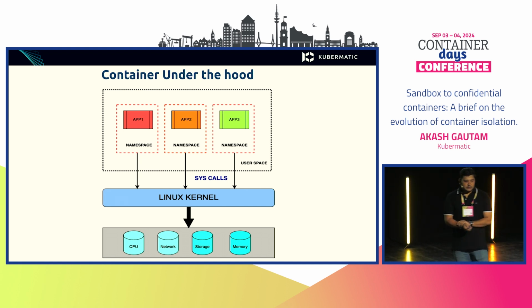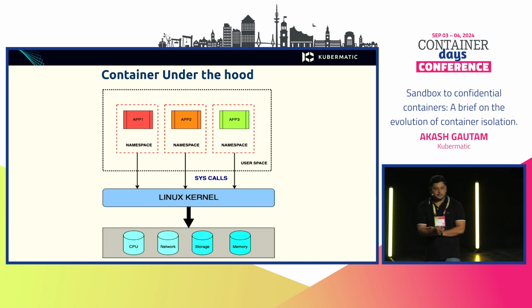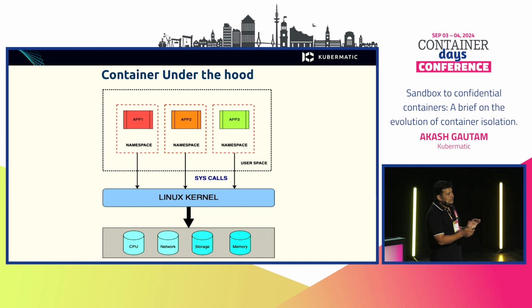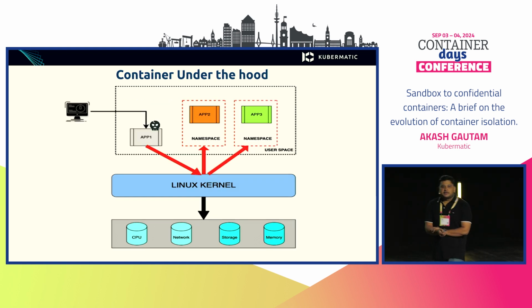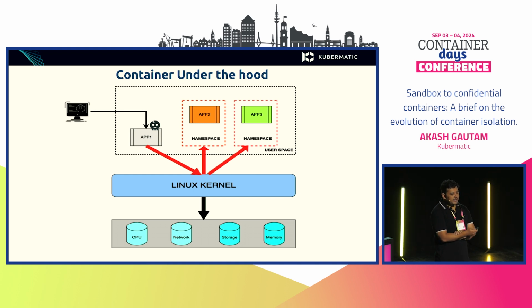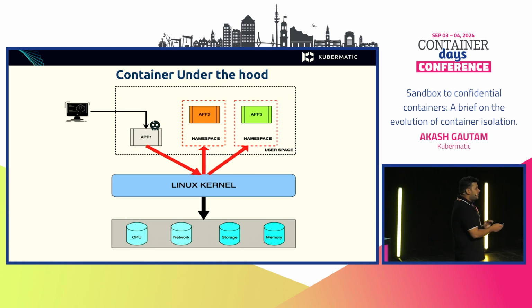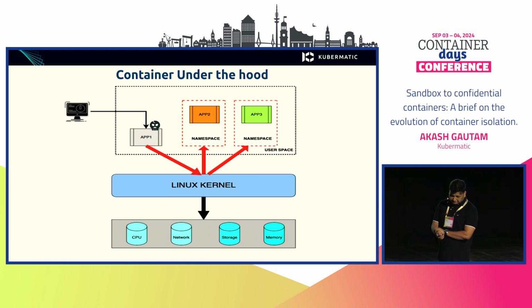The Linux kernel, or the host kernel, is shared among all the containers that run on that host. And they all make system calls directly to the same kernel, which is OK as long as the process is within the container boundaries. But what if one of the processes or applications inside the container is under attack, and the attacker is able to break out of the container boundaries and escape the container and run directly on the host?